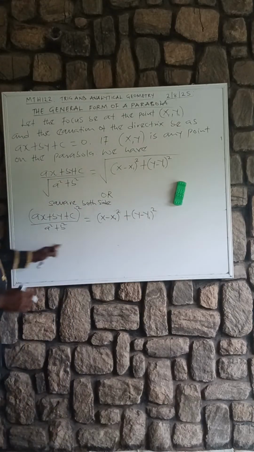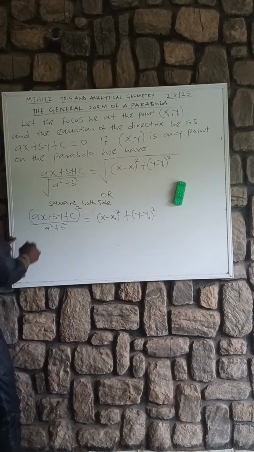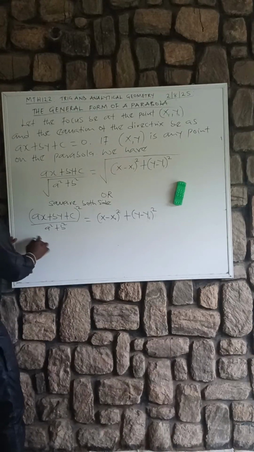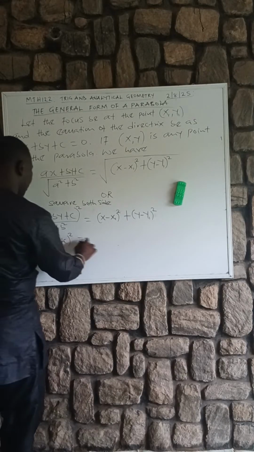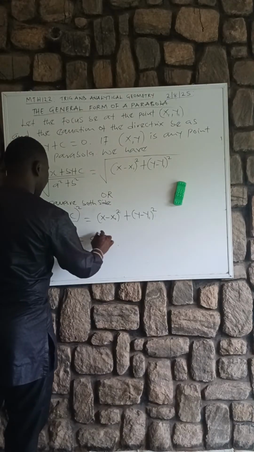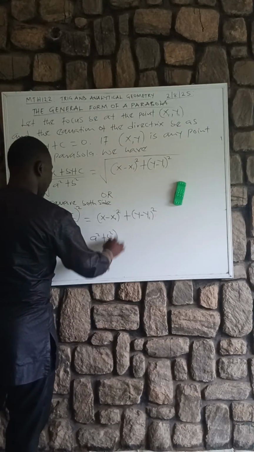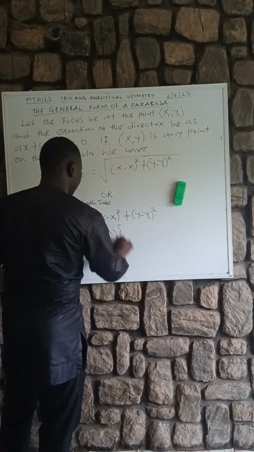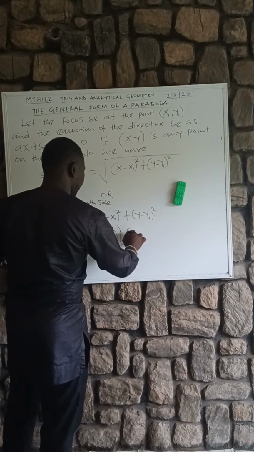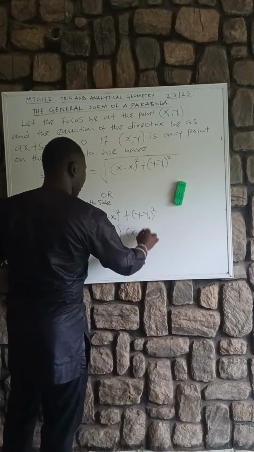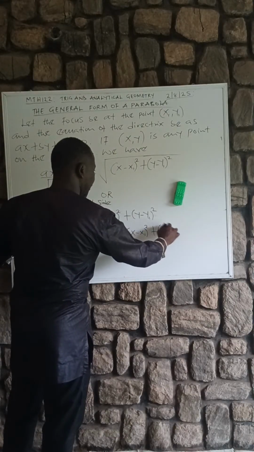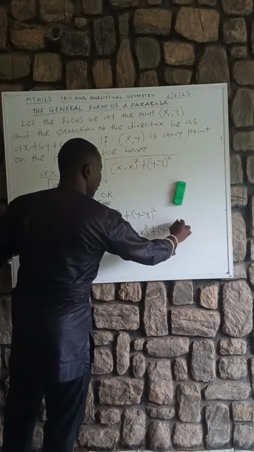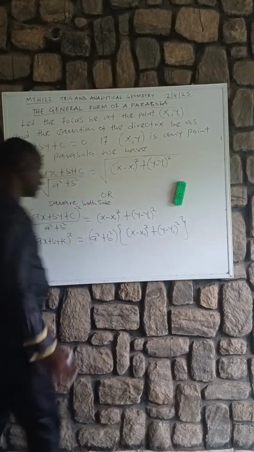So by the time you cross multiply, the left side will now be ax plus by plus c all in square equals to a square plus b square, then multiplied by x minus x1 all in square plus y minus y1 all in square, close the bracket.